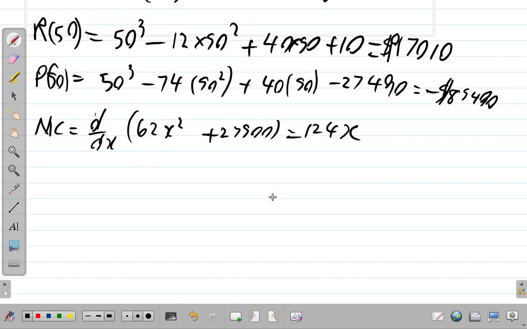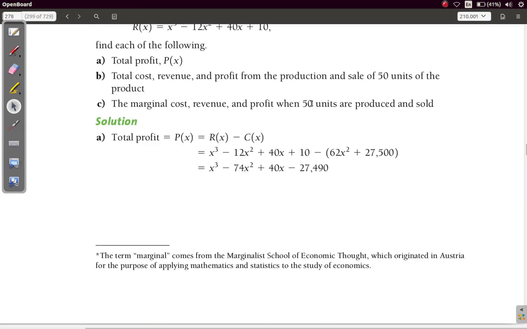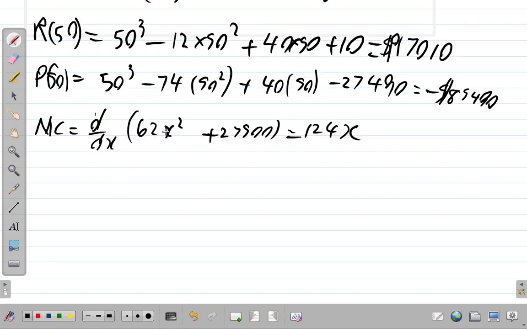Now, what did they say again? The marginal cost when 50 items are sold. So at 50, the marginal cost at 50 will be 124 times 50.